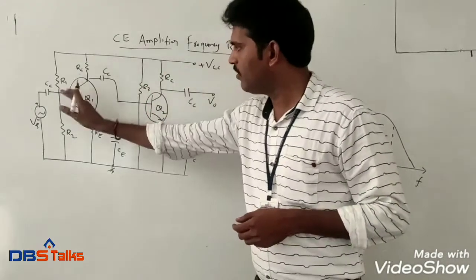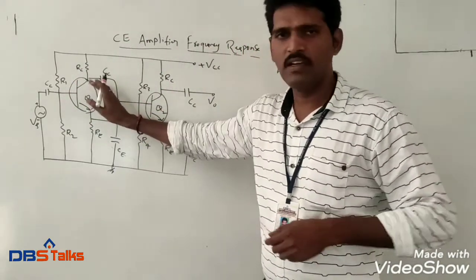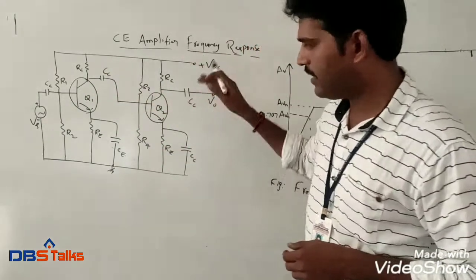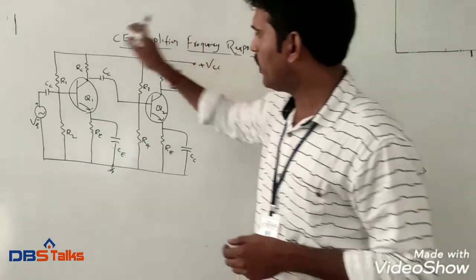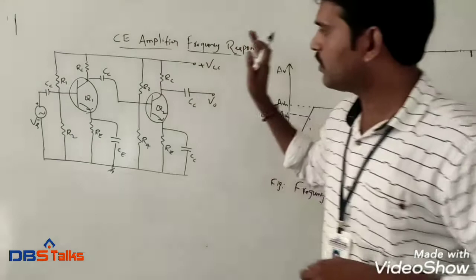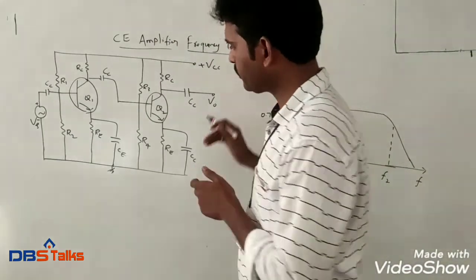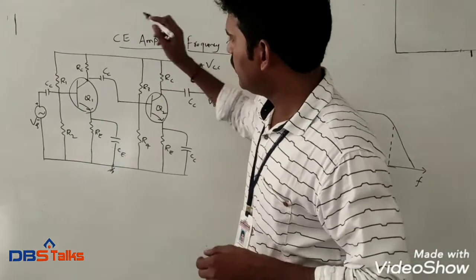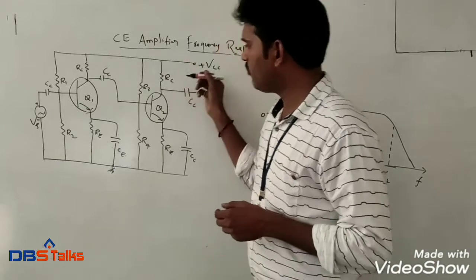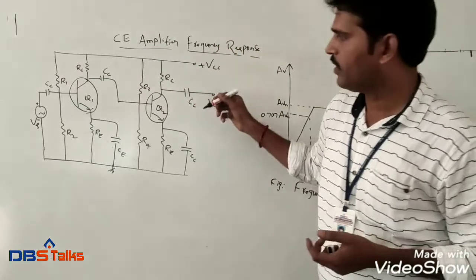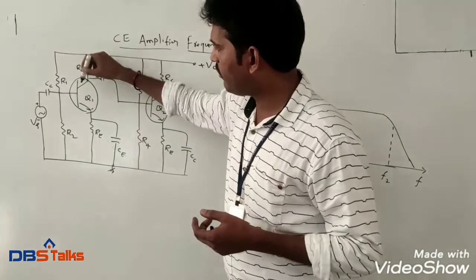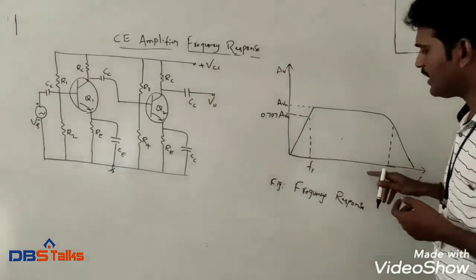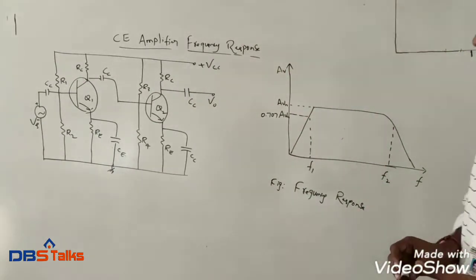If you connect directly, the biasing conditions of the second stage will be affected. The DC biasing of the second stage will change, right? So the signal is amplified in the first stage, then applied to the second stage. So this is the frequency response of the two-stage CE amplifier.